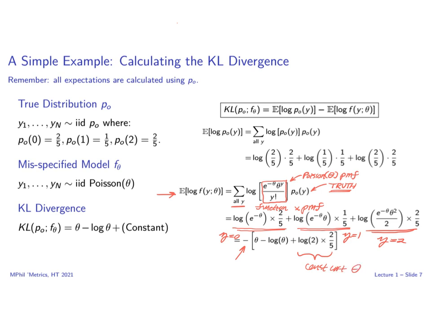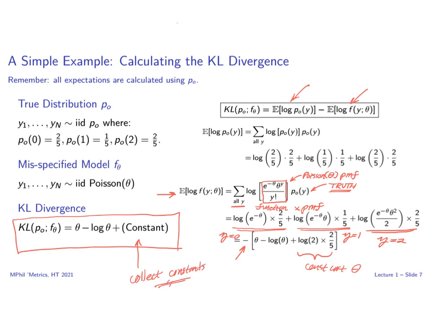And since the Kullback-Leibler divergence is the difference of these two terms, the expectation of the log of p naught minus the expected log likelihood, we see that it is equal to theta minus log of theta plus a constant. And that constant is a combination of the constant we obtained in our first calculation and the one that we obtained in our second. But because it doesn't involve theta in any way, we can actually just ignore it.